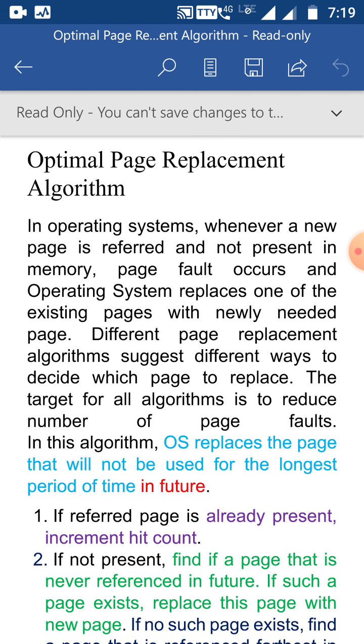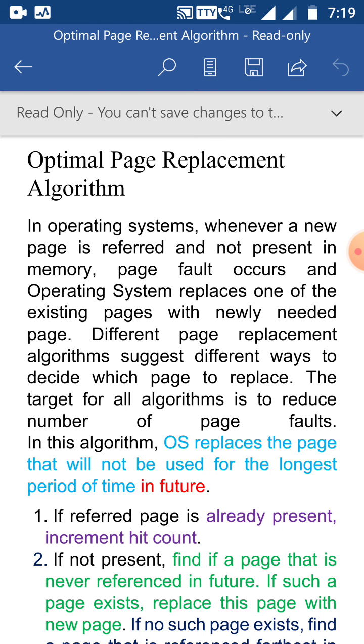Next we discussed LRU, least recently used. So we know very well what most recently used means: the page which was currently executed is referred to as most recently used.